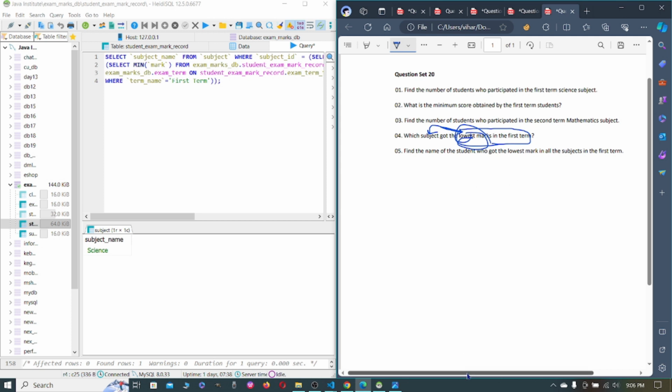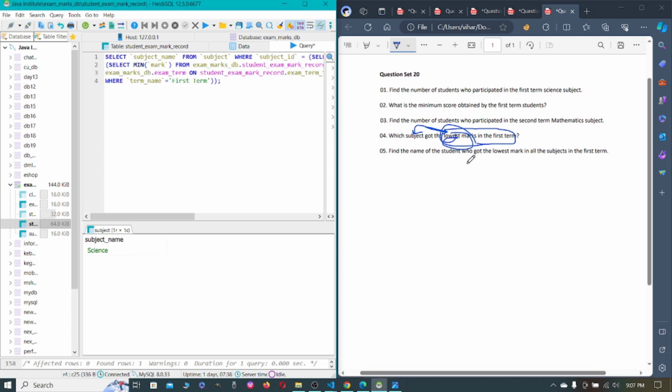Let's see the fifth question. Find the name of the student who got the lowest mark in all of the subjects in the first term.